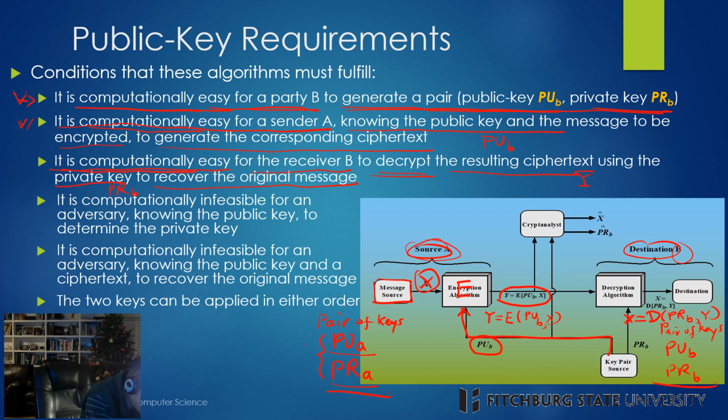So when we say computationally easy, it means it should be very quick to do so. Remember, in previous modules, we talked about checking the primality of a number. If we use the traditional approach, we try to divide the number by every number smaller than it, and make sure there's no factor other than one and itself.